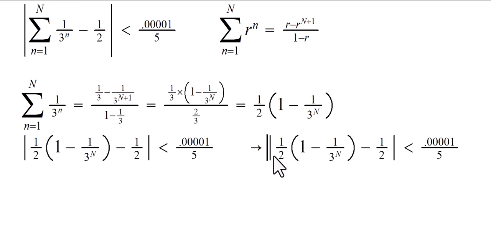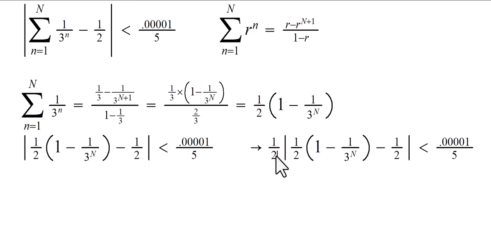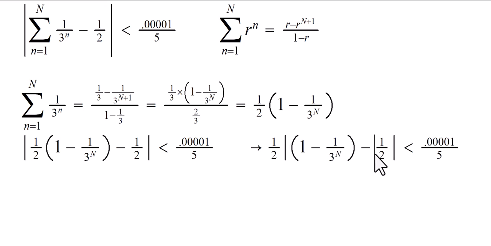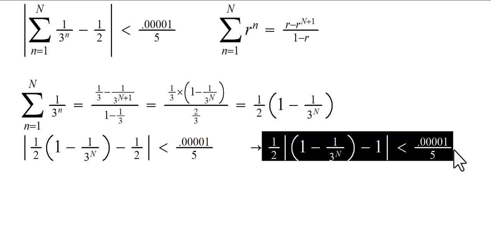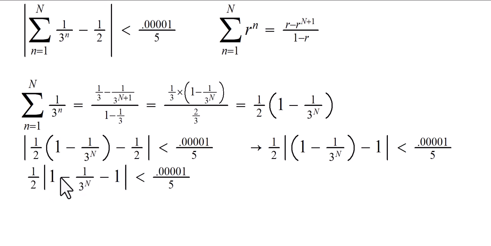So let's factor this 1/2 out. Inside we have 1 minus 3 to the capital N minus 1, which has to be less than the quantity on the right. I didn't simplify it yet. Let's look at this: this one and this one will cancel inside.